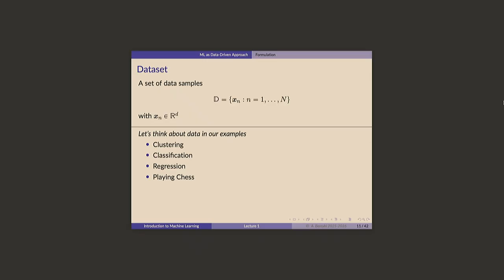So you go to the bank, you make all of those samples, you just write it down in a spreadsheet, for example, and then that one is your data set, right? Or, for example, in the classification, this guy, so you just go to the pet store, you make that Excel sheet with 3 different entries for every row, and that guy is going to be your data set, right? And so on for regression and also for playing chess.